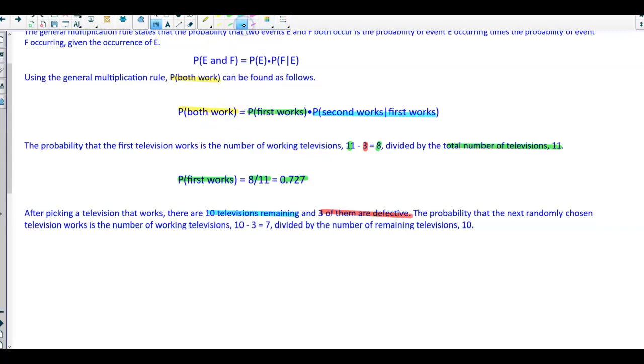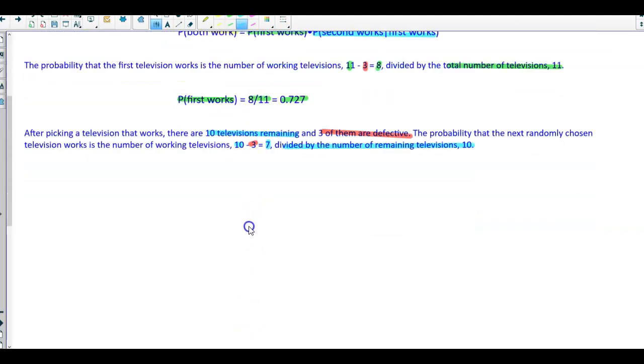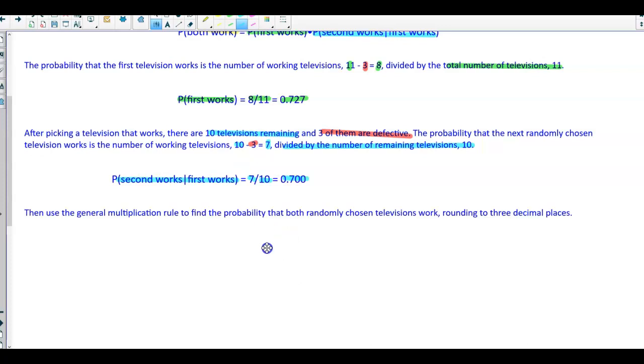So we take the remaining total of 10 and subtract the 3 that are defective to get 7, and divide it by the number that's remaining, which is 10. That gives us the probability that the second works, provided that the first works. Taking 7 divided by 10, we get 0.700.